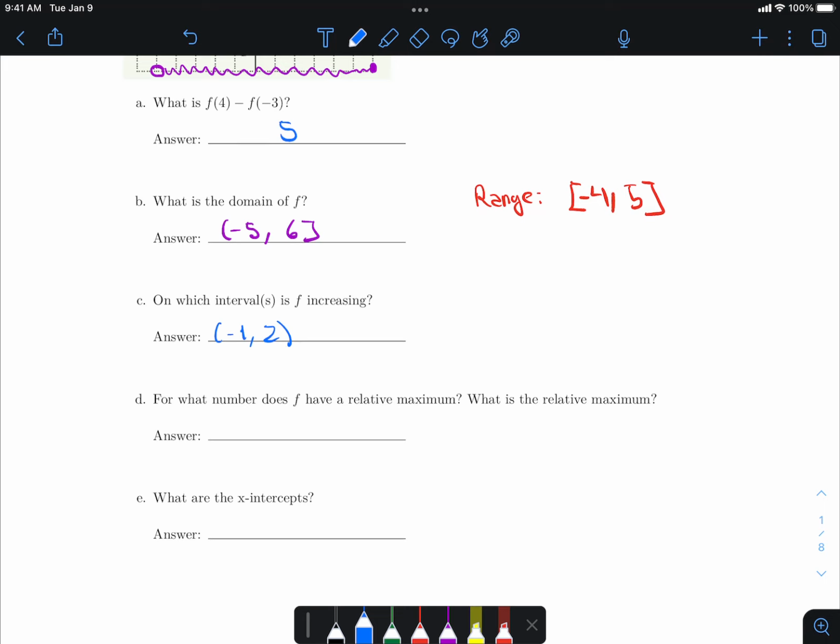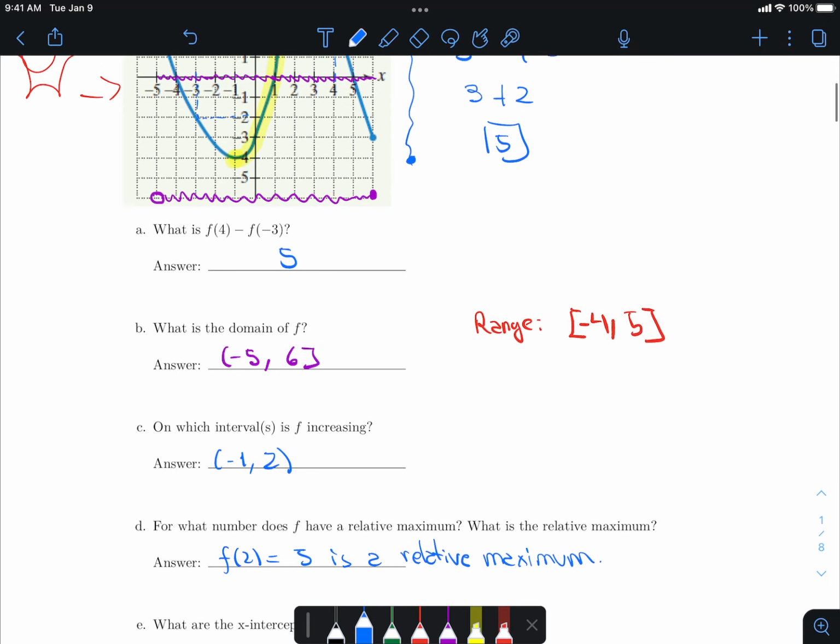To be short, I could write f of 2 equals 5 is a relative maximum. To be more verbose, I could say f has a relative maximum of 5 at x equal to 2.